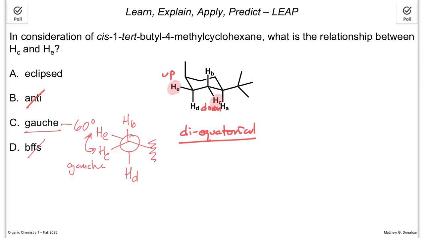So that, again, is another way of looking at it where HE is up, HC is down. So through the di-equatorial, they're in a gauche relationship. Questions on that one?